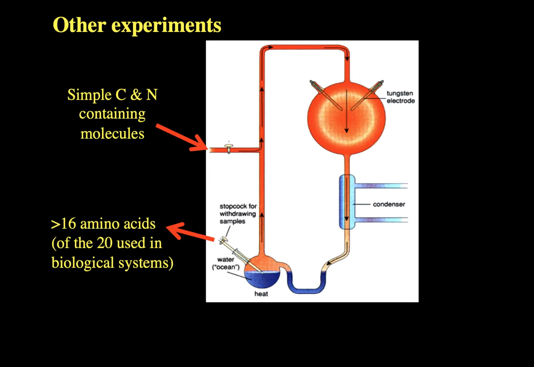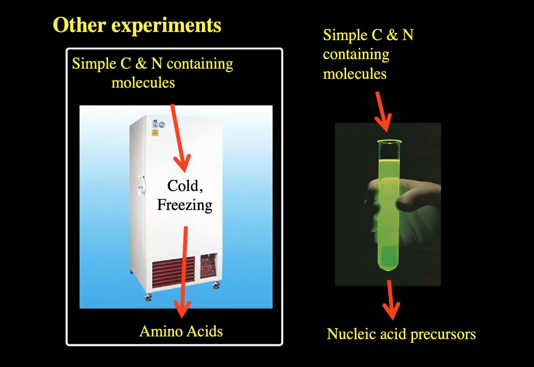Subsequent to their experiments, others also simulated other types of apparatus, not exactly the Miller-Urey as shown here, but they added simple carbon and nitrogen containing compounds as gases in here, and then pulled out products in the end, and eventually found up to 16 of the amino acids could be produced abiotically in these different systems.